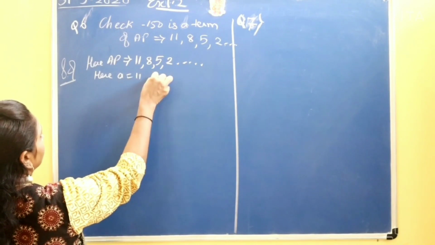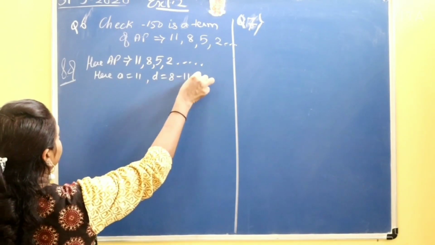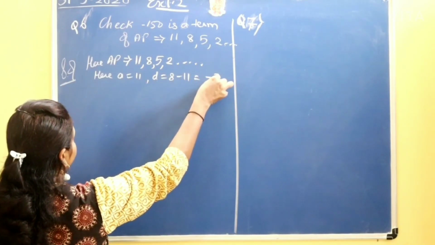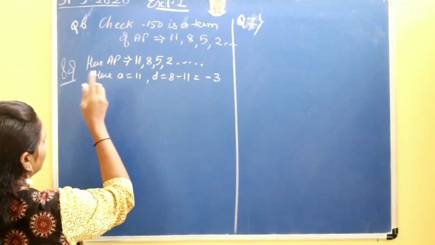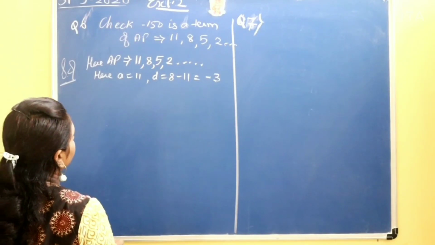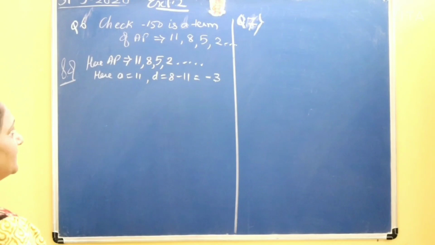A is equal to 11, D is equal to 8 minus 11, minus 3. Then you have to find out whether minus 150 is a term.